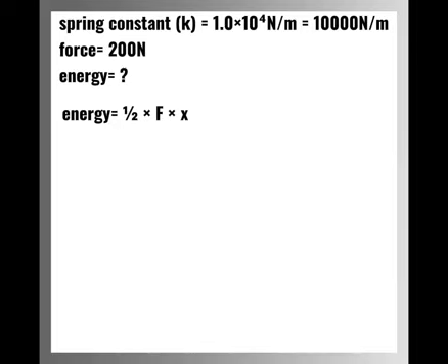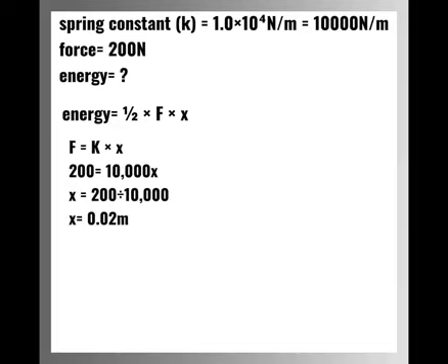In order to look for extension, we use the formula, force equals constant times extension. Making extension the subject of the formula, we have force divided by constant, which is 200 divided by 10,000, equal to 0.02 meters.